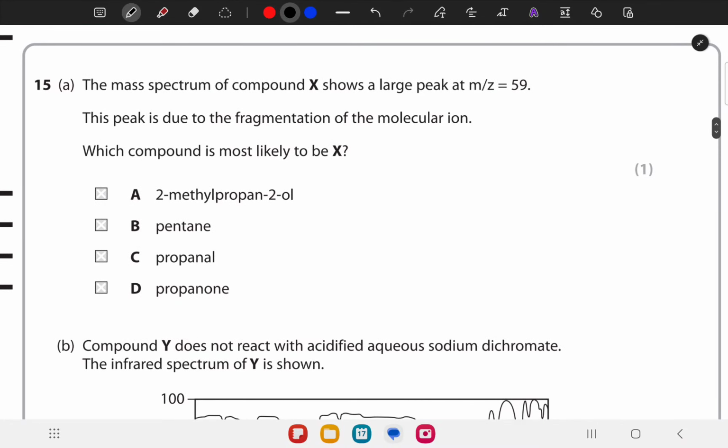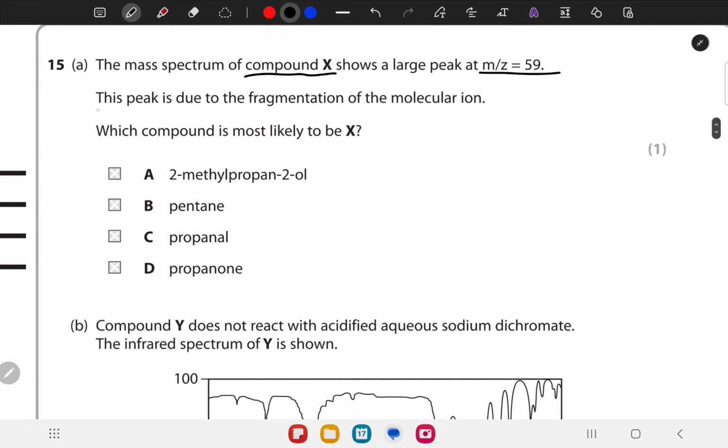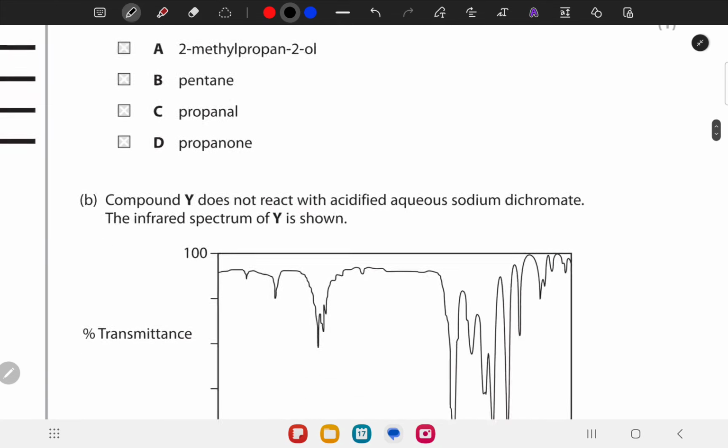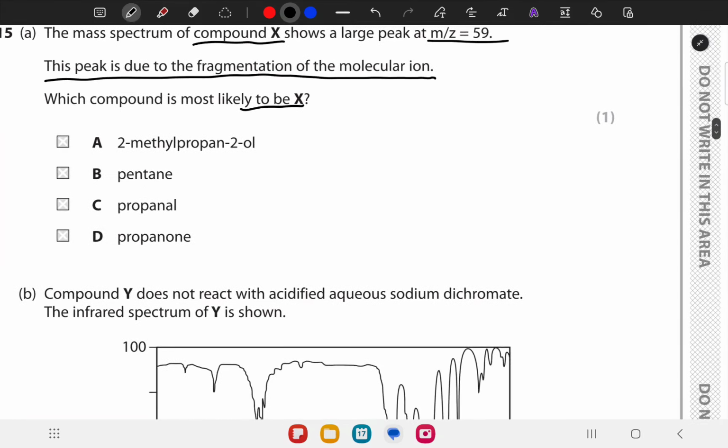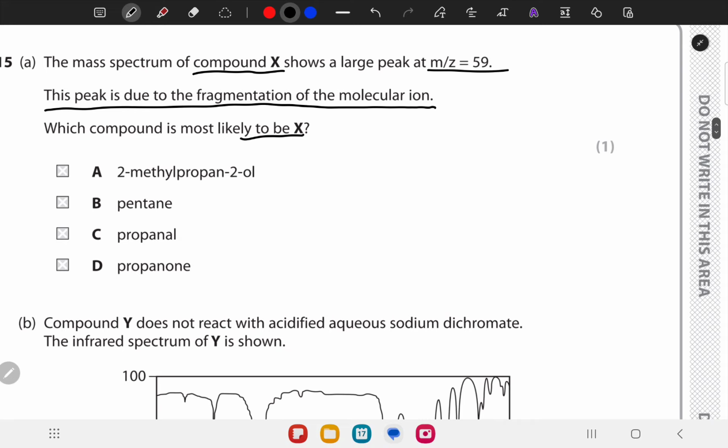In 15A, we are told that the mass spectrum of compound X shows a large peak at 59. This peak is due to fragmentation of the molecular ion. We have to find which compound is most likely to be X. If we draw the compounds, 2-methylpropanol will be, so this is 2-methylpropanol.